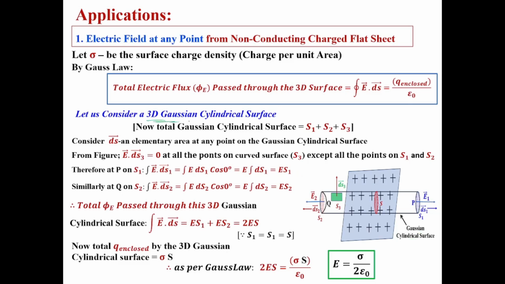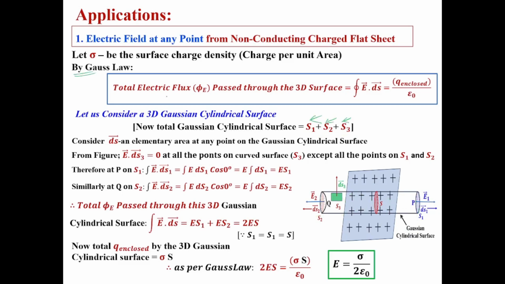We consider a 3D Gaussian cylindrical surface, and the total Gaussian cylindrical surface is divided into three surfaces. Here at point P, the flat surface is named S1. At Q, this flat surface is named S2, and the entire curved surface is named S3.